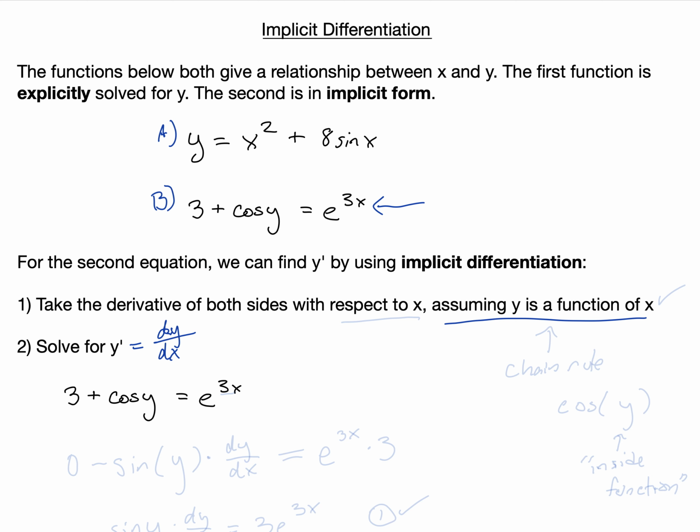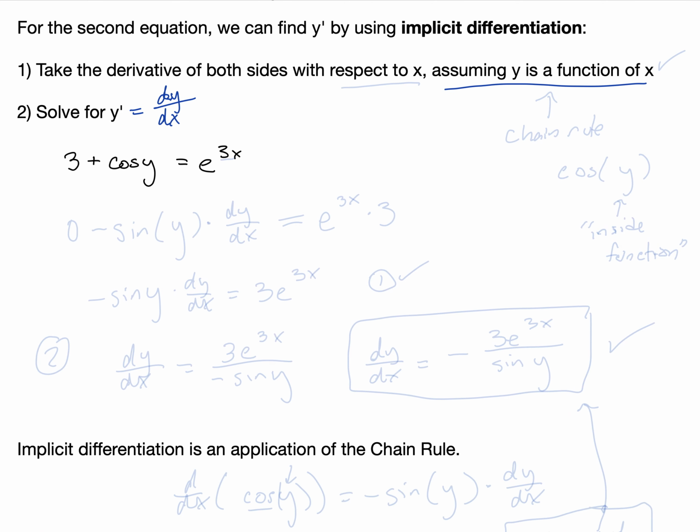First we'll take the derivative of both sides with respect to x, assuming y is a function of x. The derivative of 3 is just 0. What's the derivative of cosine of y? When we say assuming y is a function of x, we're doing a chain rule, where cosine is the outside function and y is our inside function.